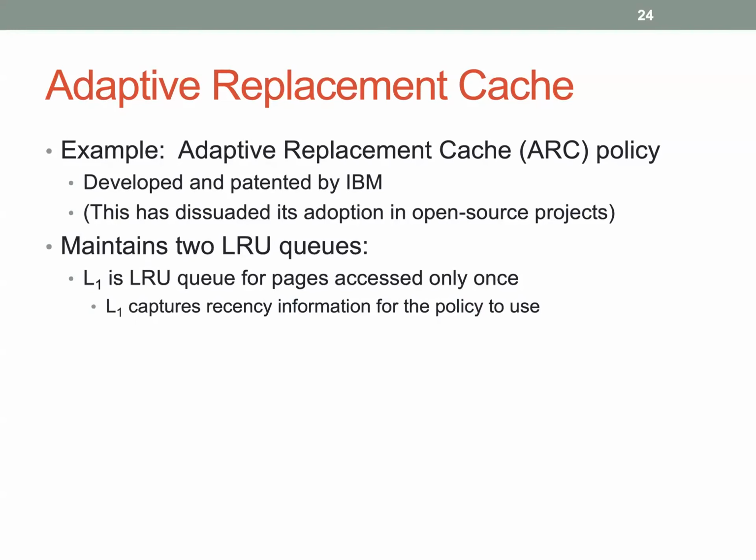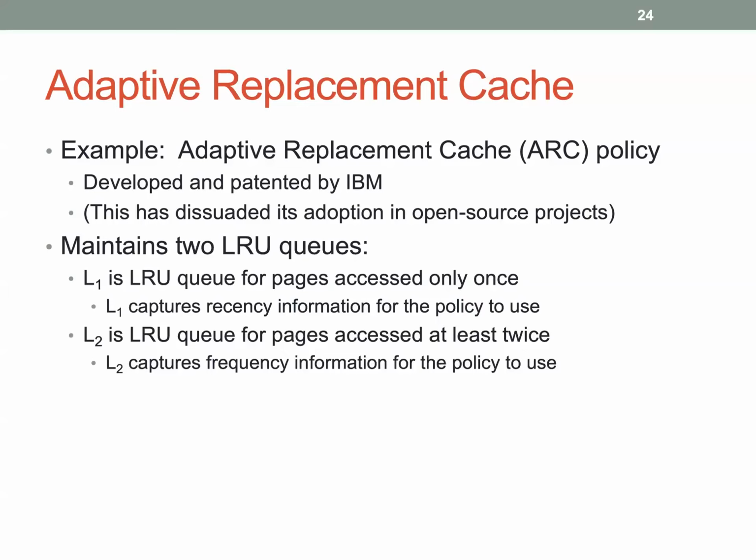So that is recency of access. Then you have another queue, which is L2, and this is pages that have been accessed at least twice. So that is frequency as well as recency. And you can imagine the L1 queue is going to reflect scans, and L2 is not going to reflect scans because it's been accessed at least twice.